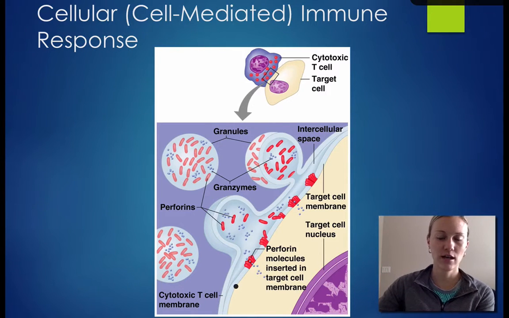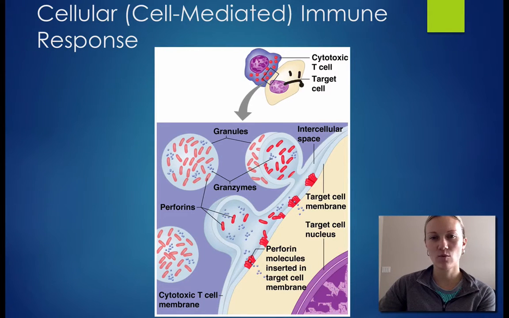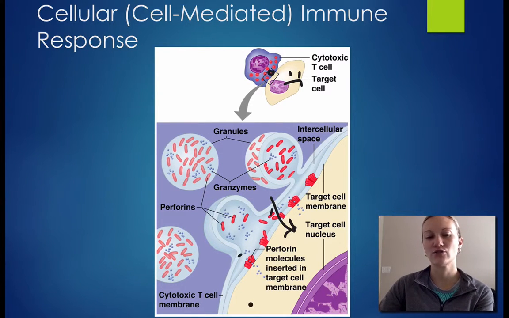All right, so here's another diagram to show you what it looks like. You have a cytotoxic T cell, which is right here, and we'll say that this is the target cell. This means that this is the one that has the pathogen in it. All of these little pinkish circles are going to inject the toxins into this target cell, which will cause it to die.